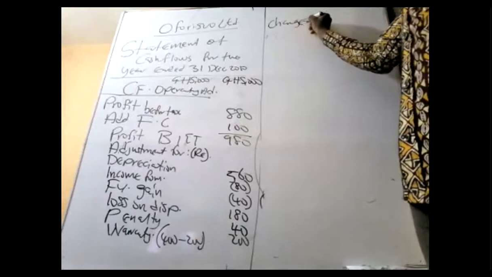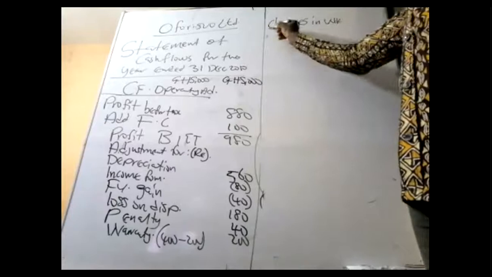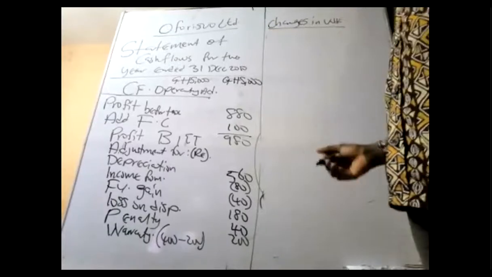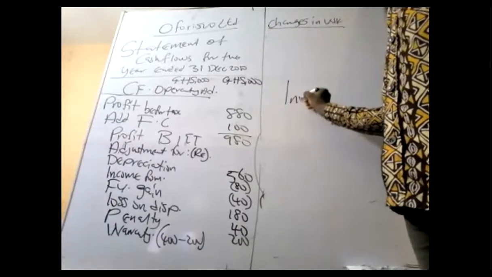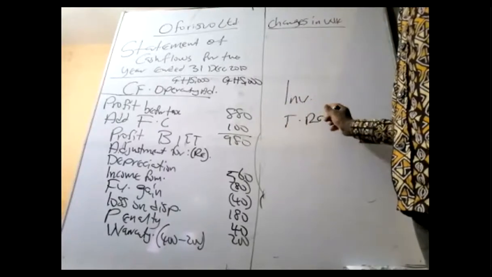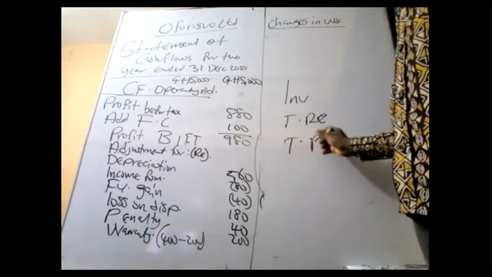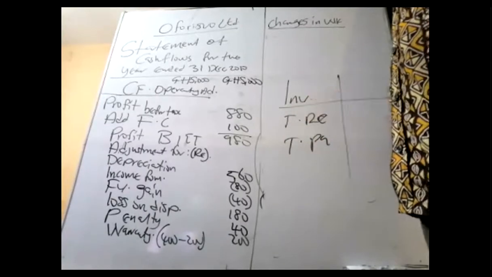The examiner's changes in what? Working capital, no shortcut in exams. Now here there are 3 items. Compare them: inventory, trade receivable. Please, we want trade receivable, not account receivable. And trade payable. That is all. These are the three items. Compare them.